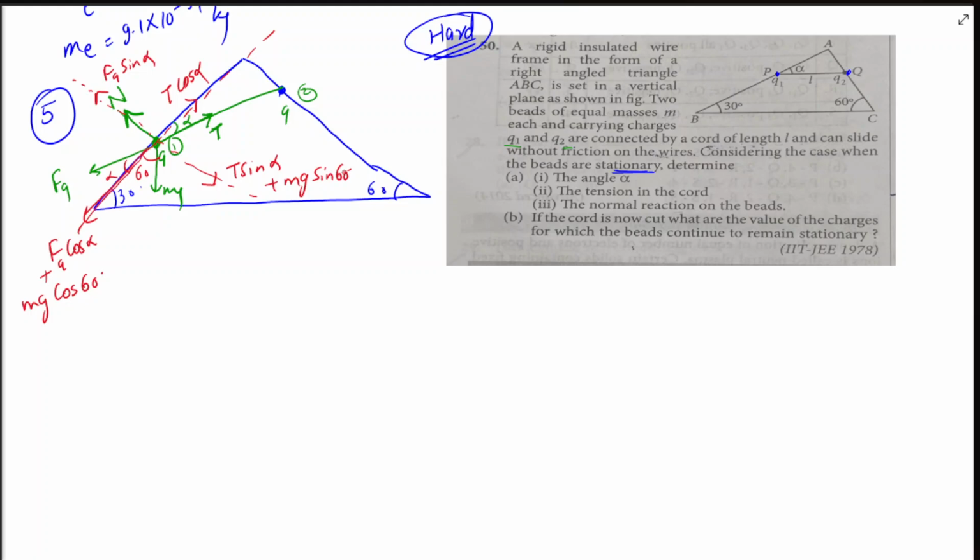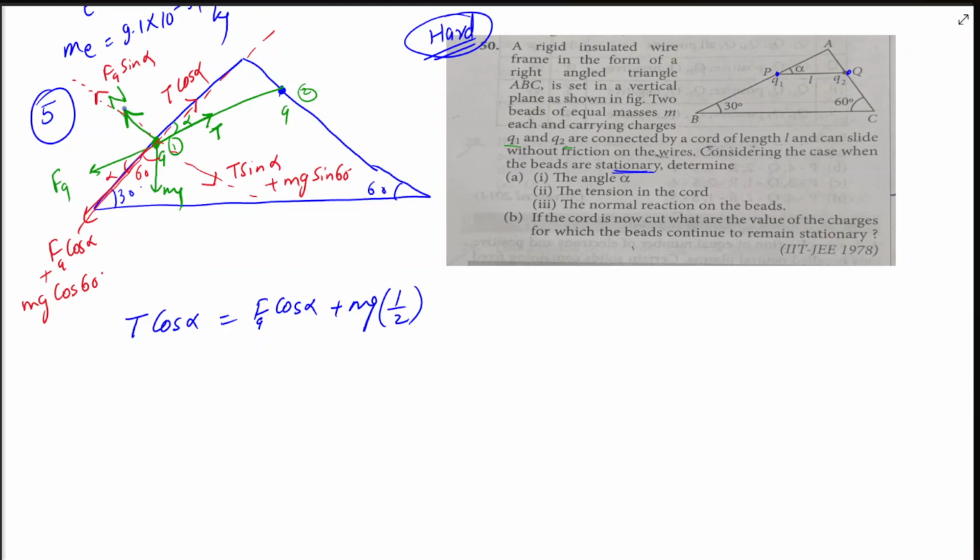Perfect. Now, as this is in equilibrium, these forces will be equal to this. So I can write T cos alpha must be equal to FQ cos alpha plus mg cos 60, and cos 60 will be 1 by 2, right?